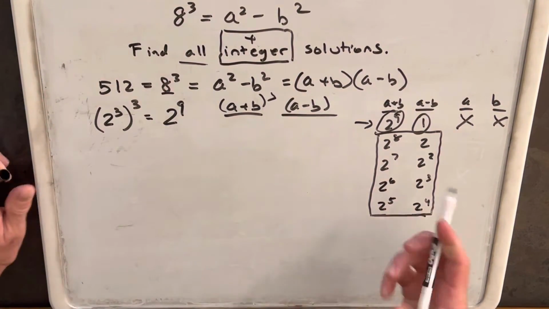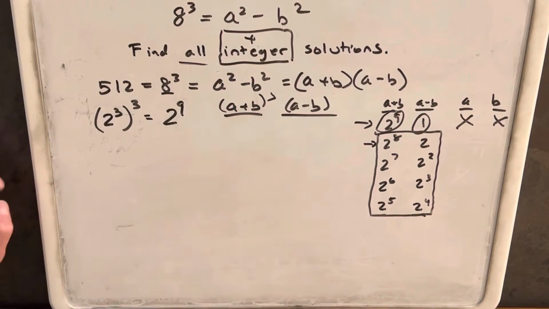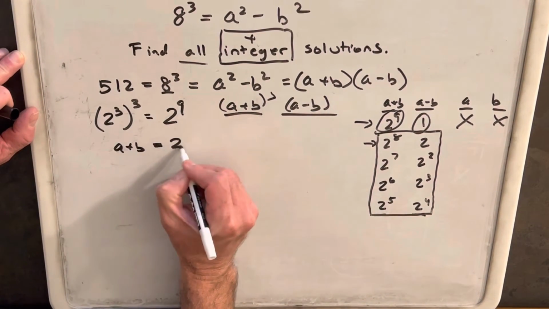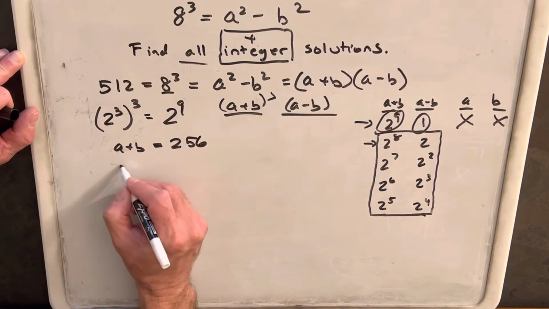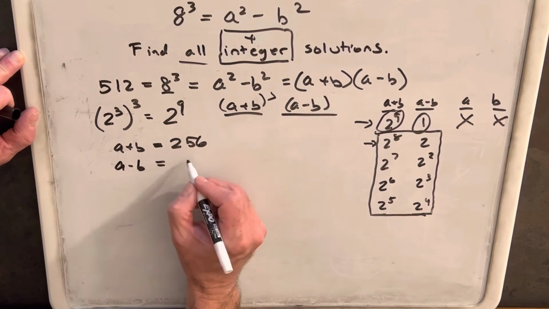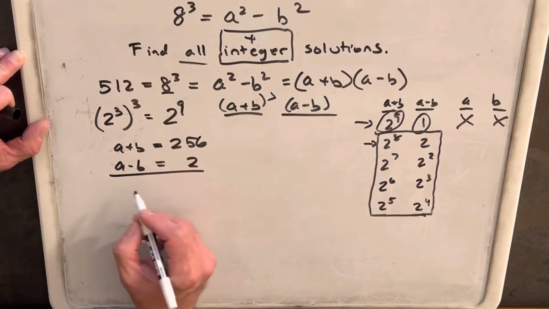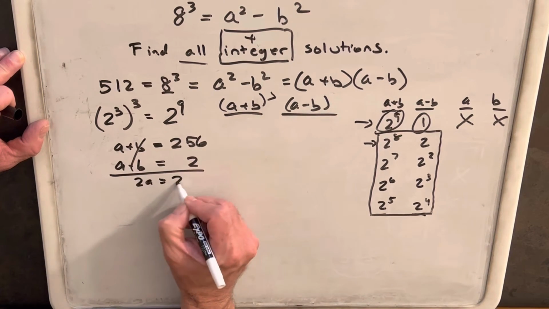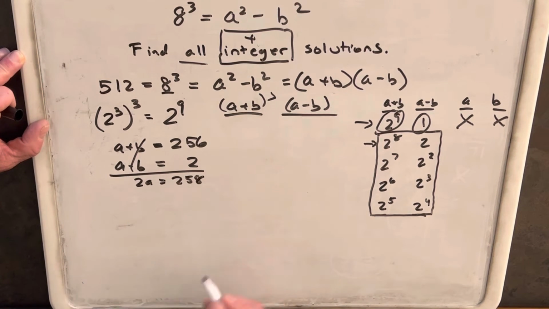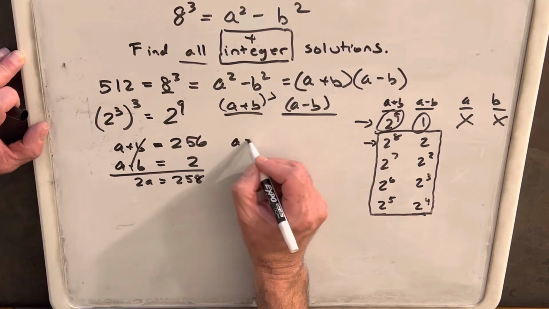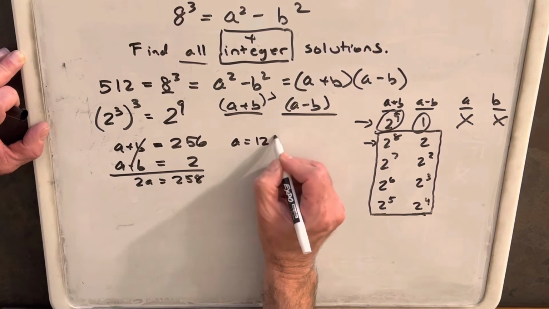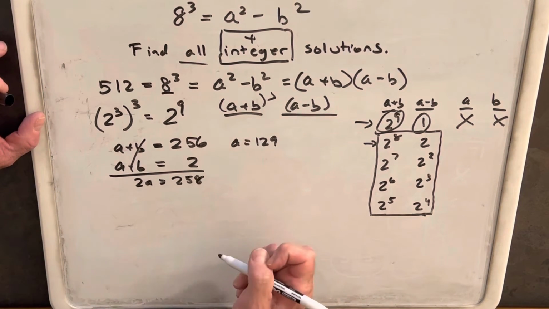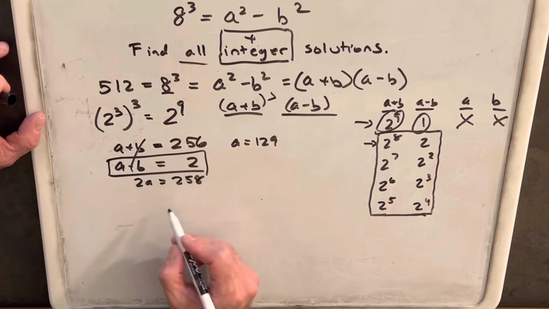So next we'll look at this 2 to the 8th times 2 case. When a plus b equals 2 to the 8th, which is 256, and a minus b equals 2, we'll add these together. The b's cancel, 2a equals 258, and that's going to be a equals 129. And then to solve for b, let's just use this second equation. I think it's going to be a little easier.